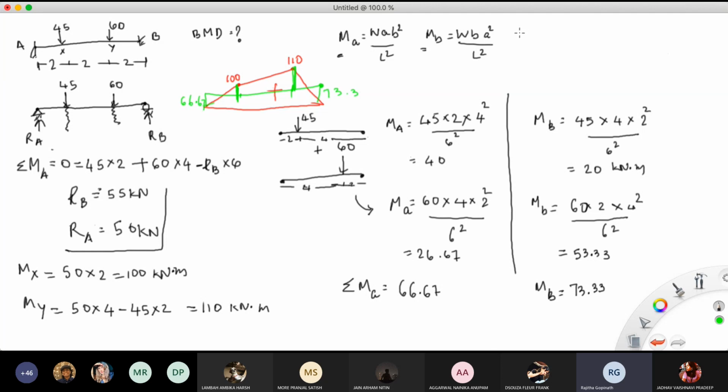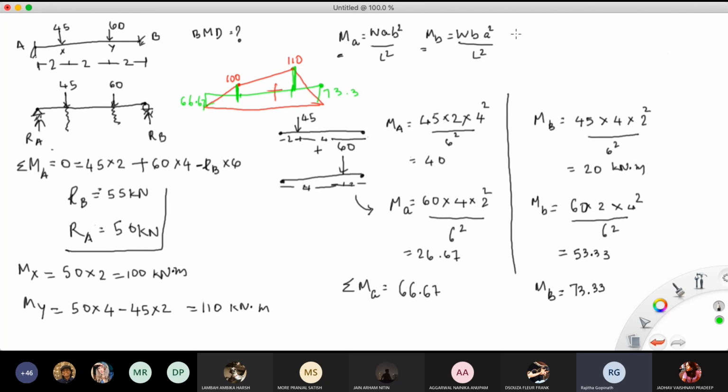उसमें इतना find करना है कि for the beam that is 6 meters in length, the end moments are getting increased from 66.67 to 73.33, right? So basically the difference is how much is the increase, which is 6.66.